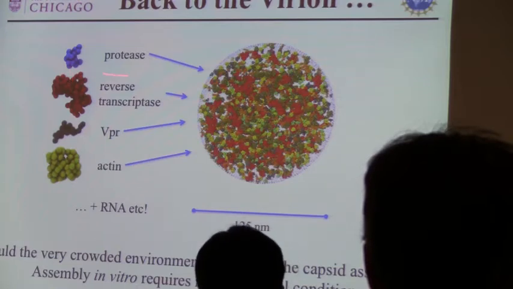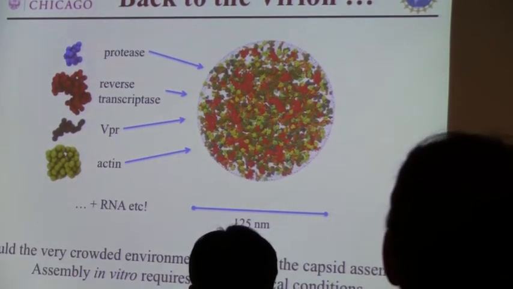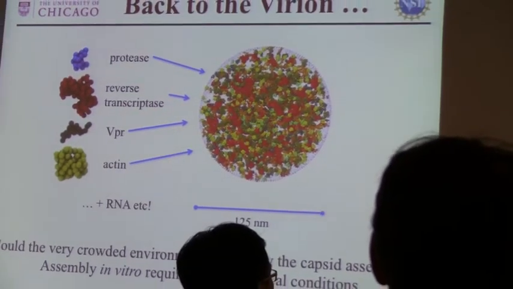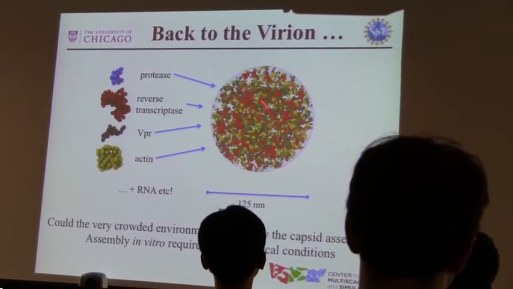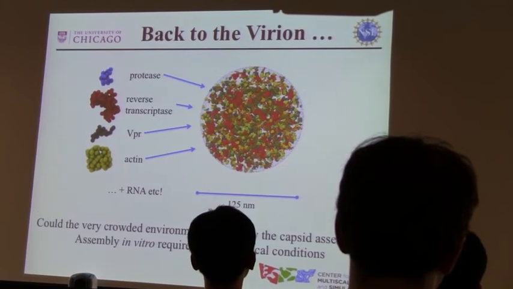The protease is important, it cut this up, but this is other stuff that's not important. So you can see that when we want to go to actual biology, this is what we're going to be faced with. We're going to want to study the problem I've been telling you about, but in an environment with this, and we're going to have to coarse grain the heck out of it. All right? Because there's just no possible way to do this.